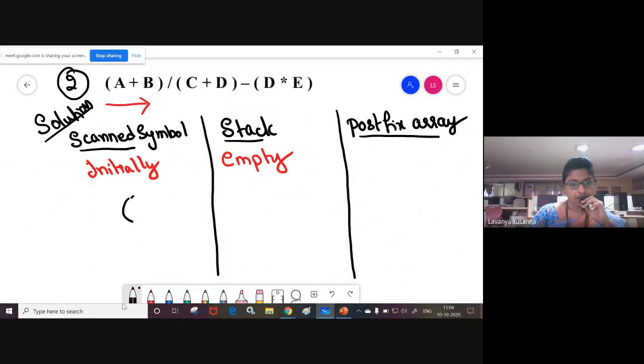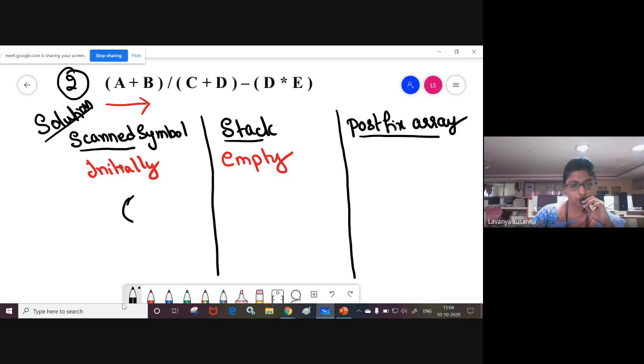If you get an operand, what are operands? A, B, C, D, E are operands. If you get an operand, remember students, you need to add it to the postfix array. If you get an operator, what should you do?